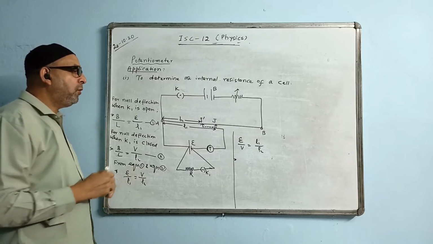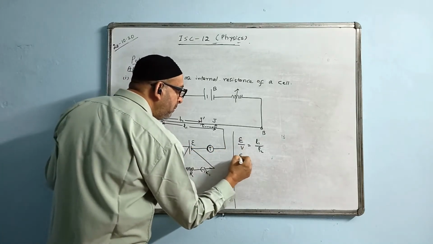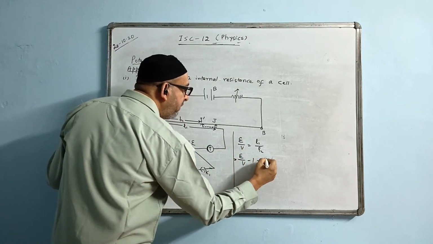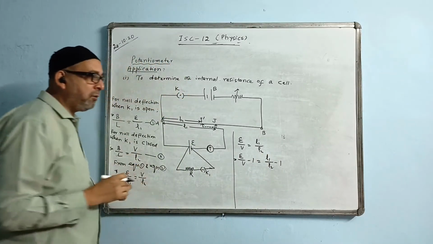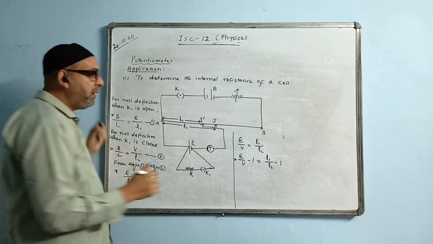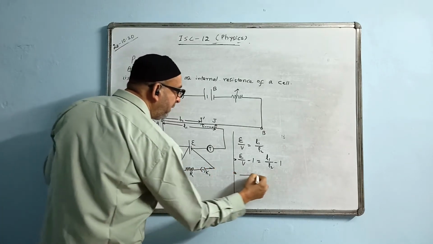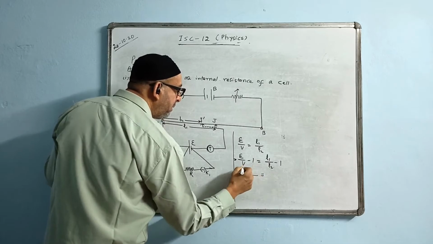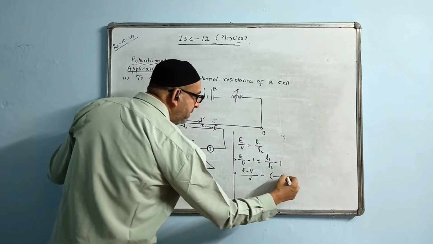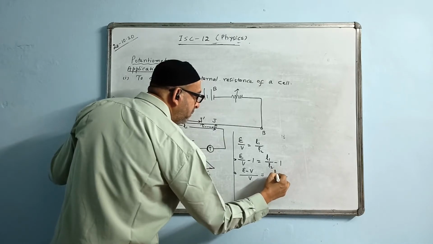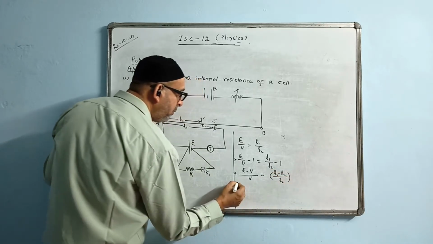Now in this equation we subtract 1 on both sides. This will help you find the expression. E by V minus 1 is L1 by L2 minus 1. Taking LCM here, V, this becomes E minus V. Taking LCM here also, L2, this becomes L1 minus L2.